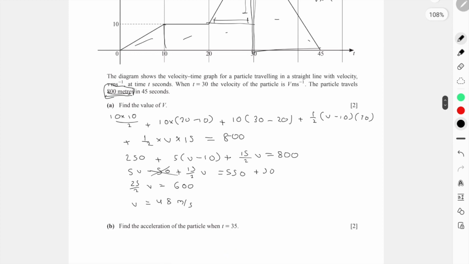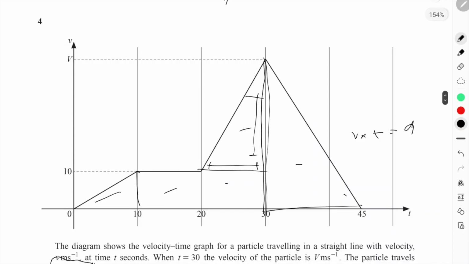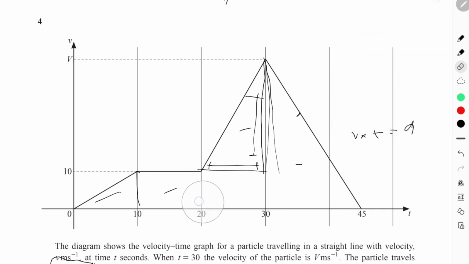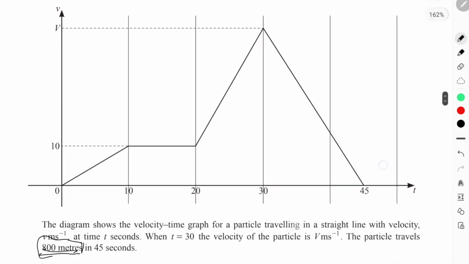And then we have to find the acceleration of the particle at t equals 35. All right. So you know that acceleration is basically change in velocity by change in time. So at 35, it's somewhere here, right? So the gradient will give you the acceleration. The gradient is going to be constant everywhere.